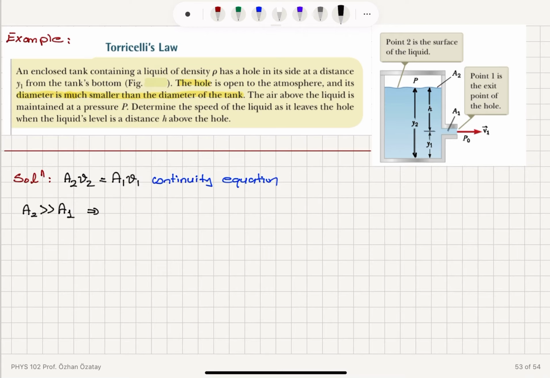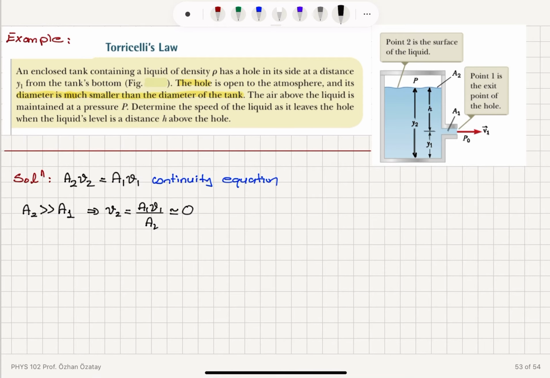Therefore, we can say that V2, which using the continuity equation is A1V1 divided by A2, is approximately 0. So we can neglect the velocity of the particles at the surface because it's rather small.